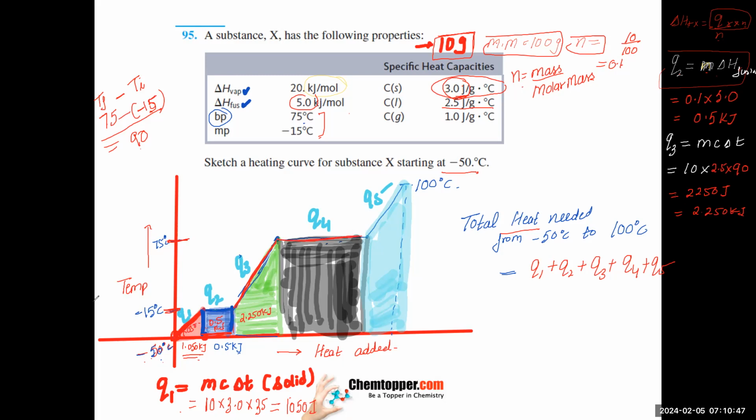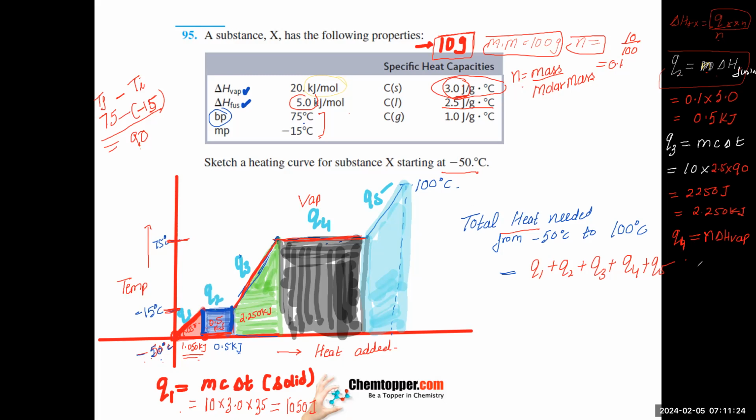Who is going to help me in this? Q4. Give me the equation for Q4. Q4 is vaporization. There is no rise in temperature. So I will use the equation N times delta H of vaporization.